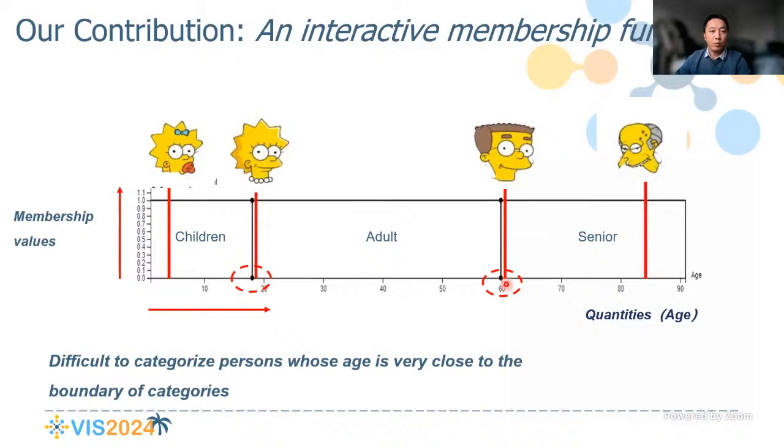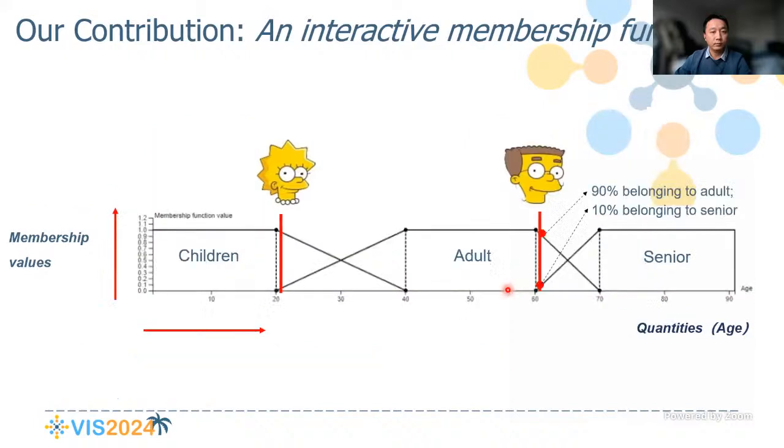Normally, in our brain, we don't have a very clear boundary while categorizing quantities. So there is some uncertainty. So our idea is to use the fuzzy membership function to give the confidence for each character's age. For example, let's take this example. We'll categorize the age of this character.